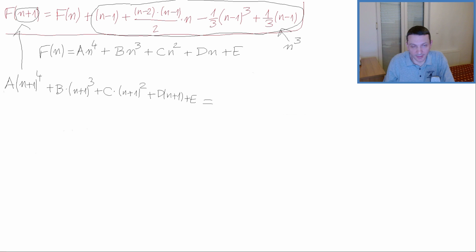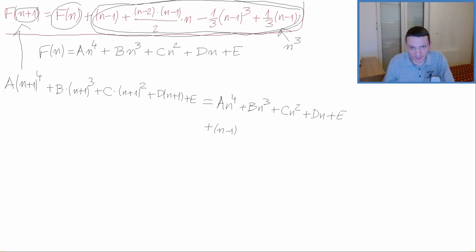And on the right, I have this f of n, which is our formula a n to the power of 4 plus b n cubed plus c n squared plus d n plus e, and also plus the rest of the formula on the right hand side here.